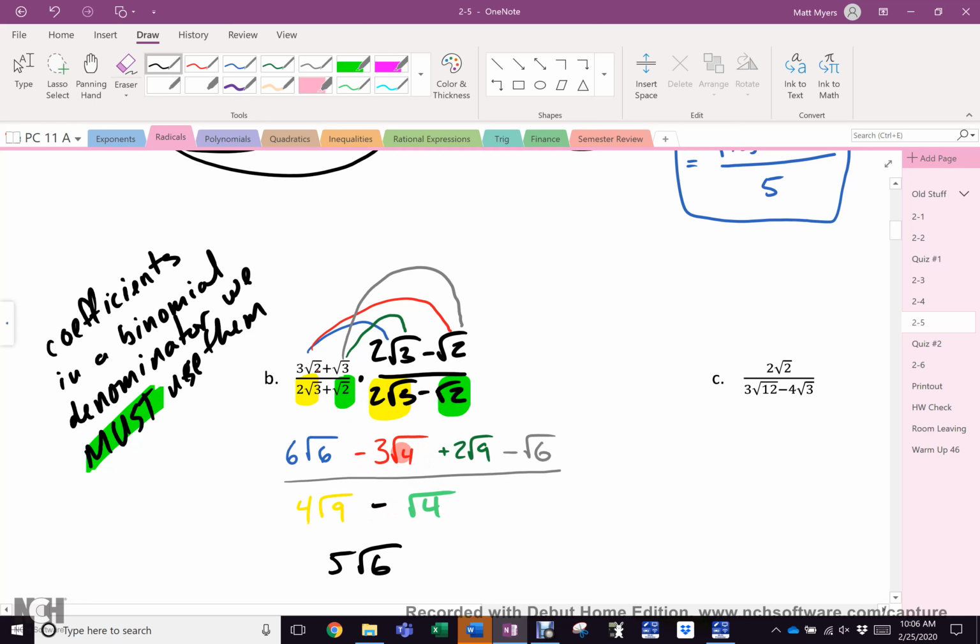And what is 3 times the root of 4? 6. And what is 2 times the root of 9? And what is negative 6 plus 6? Negative 6 plus 6, ladies and gentlemen. 0.